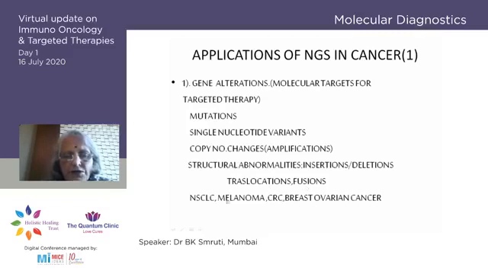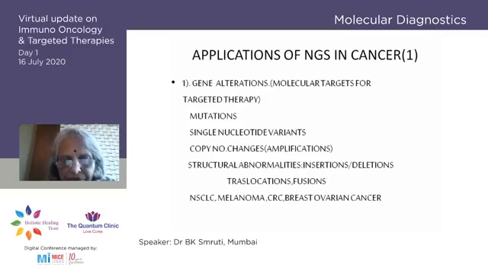But you must know that depending on the select panels that we use, sometimes large deletions and insertions may be missed. And then, of course, the commonly used malignancies, apart from some of the hematologic malignancies, are non-small cell lung cancer, melanoma, ovarian and breast cancer. So these are some of the cancers.